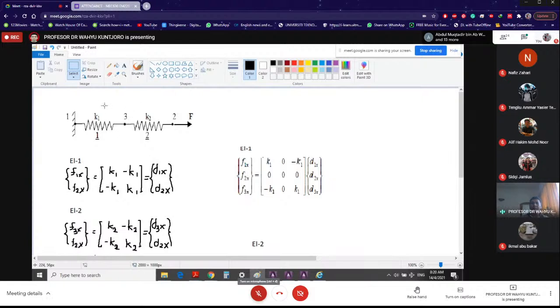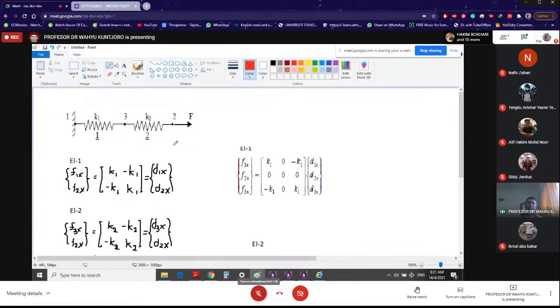The first spring on the left has spring stiffness K1 over here. And on the right, that's the spring stiffness K2. So that means on the spring structure, the number of elements depends on how many springs we have in the system. Over here, you have two. That means you have two elements, element number 1 and element number 2.